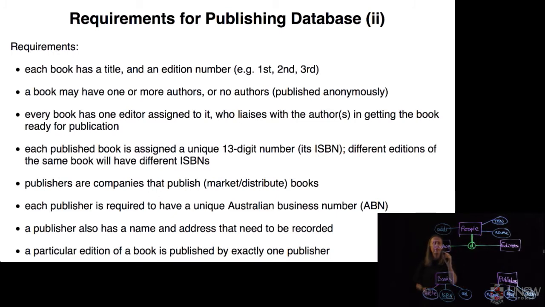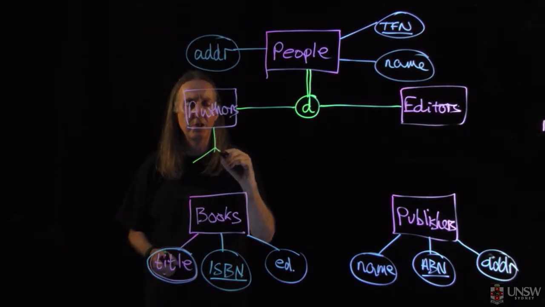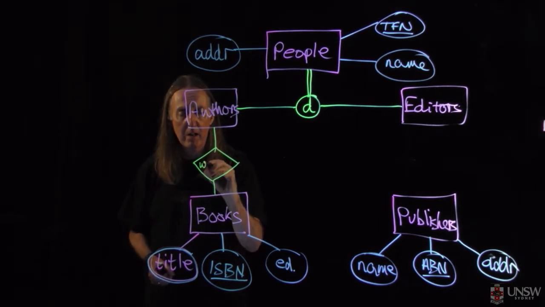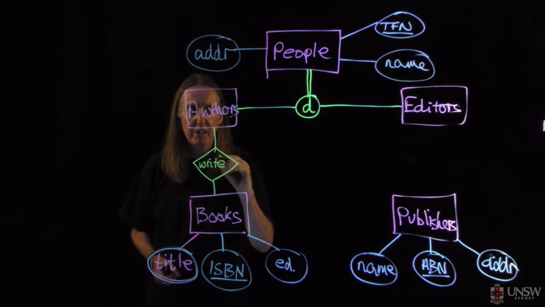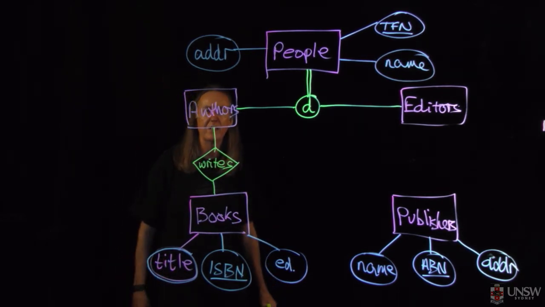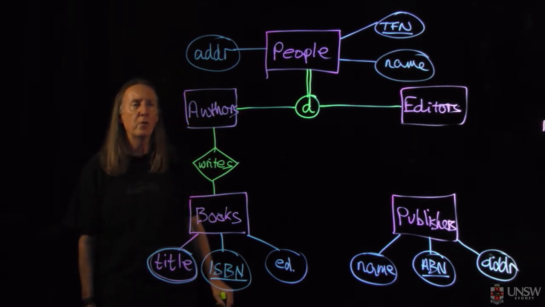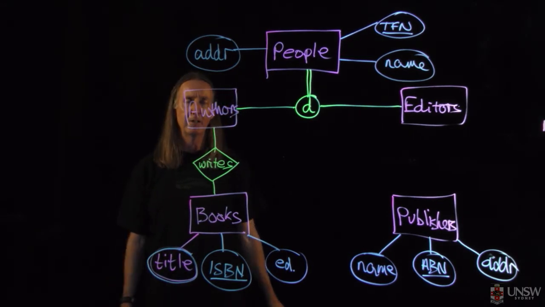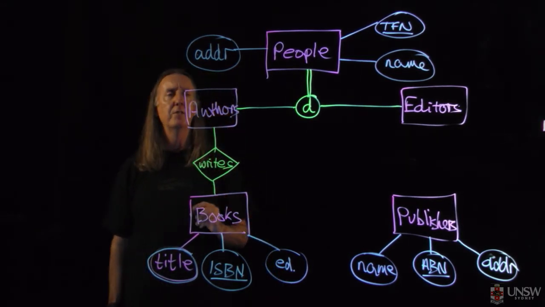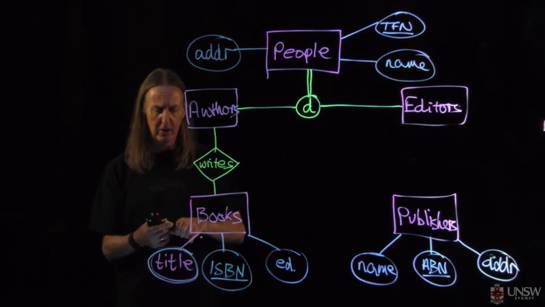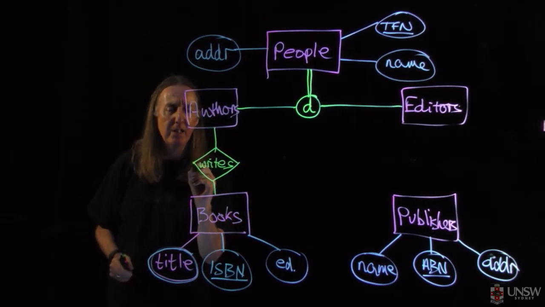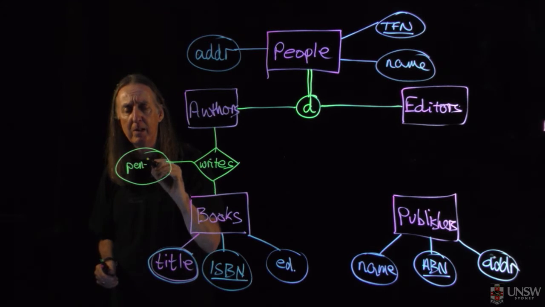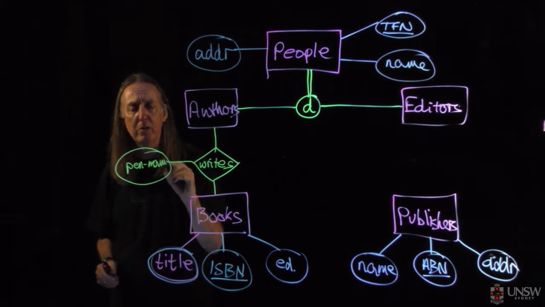Okay, so some relationships. Authors write books, so there's clearly a relationship between authors and books, which we could probably call write quite nicely. Now, I said before that authors have pen names, and they may have different pen names depending on the particular book, so as we did with the cost of a beer in particular bars, we might associate the author's pen name with the relationship between that author and the book that they wrote.